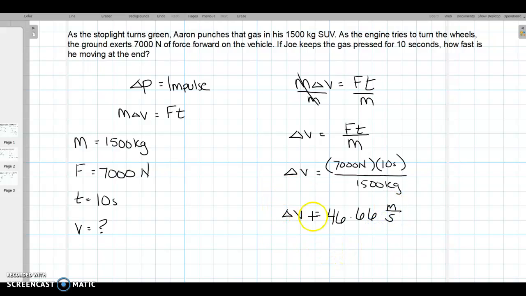All right, so this is my delta v, and delta v stands for your final velocity minus your initial velocity. Well, Aaron was stopped, right? So his initial velocity is 0. So really all this is saying is that this is your final velocity. Okay, so your final velocity for this car is 46.7 meters per second. Again, because this is 0, all this is really saying is that delta v is equal to vf.